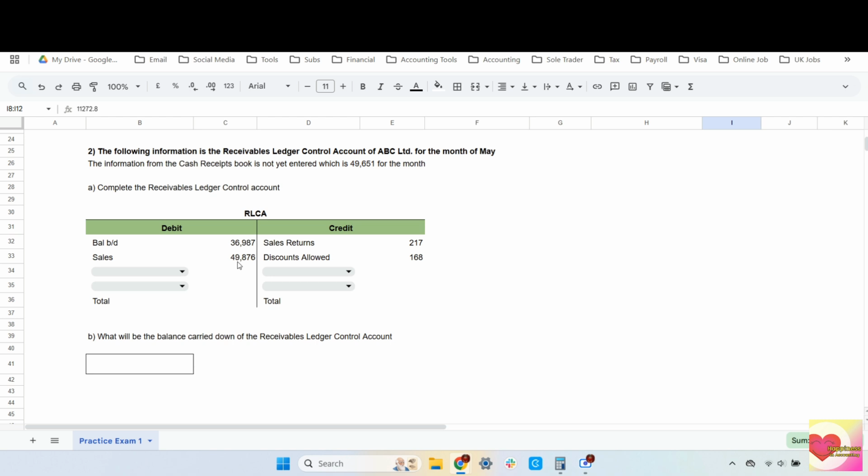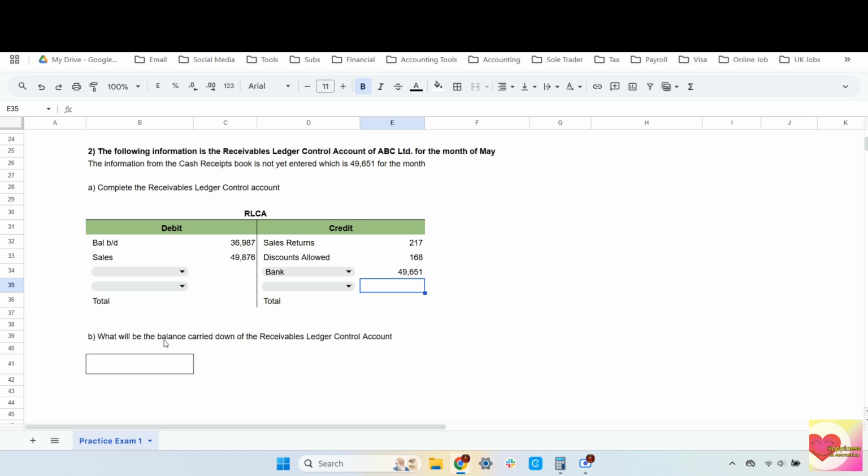All the other entries decrease our RLCA, which include sales returns, discounts allowed, and also cash received in our bank, which are recorded to the opposite side, which is credit. So the money that we have received in our bank as payment for our receivables means it decreases our receivables, so it should go to credit.